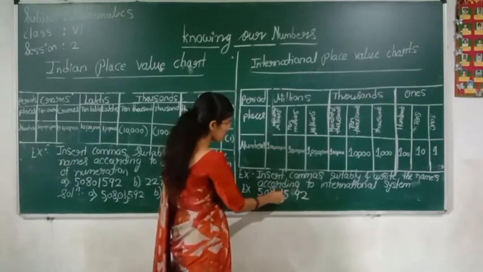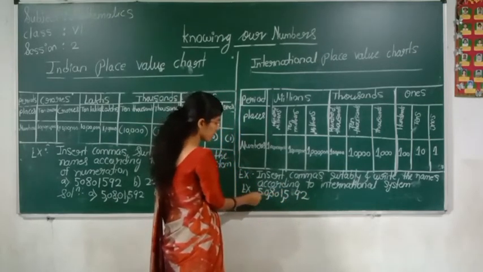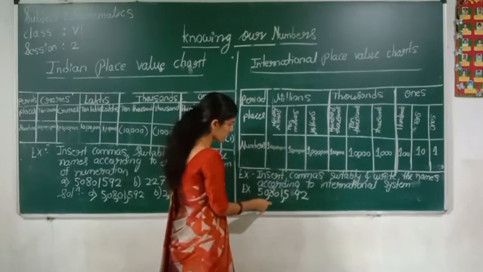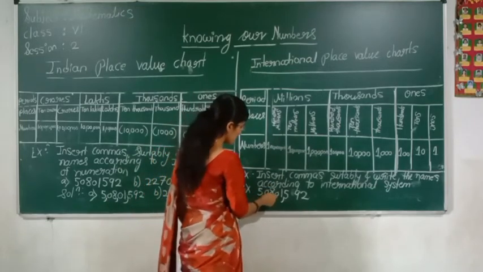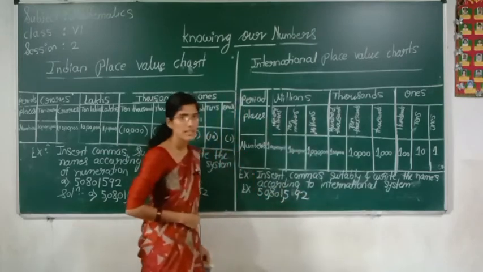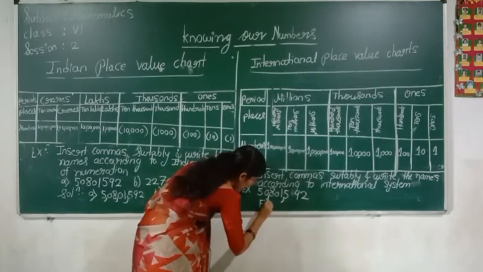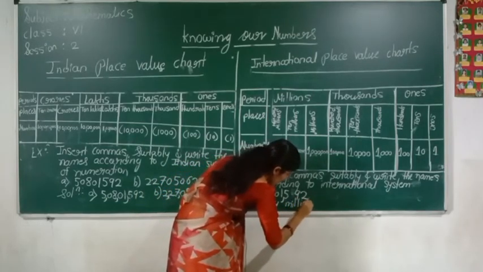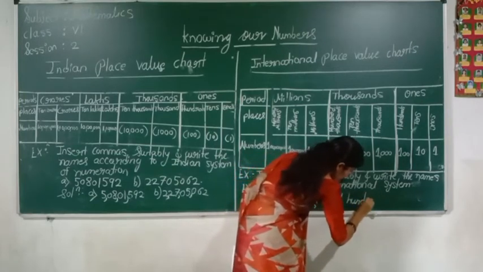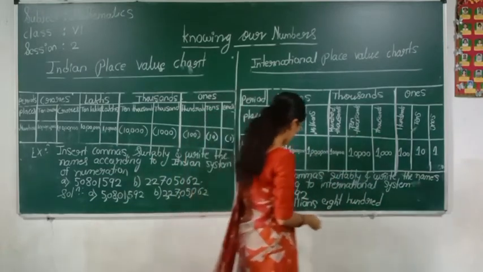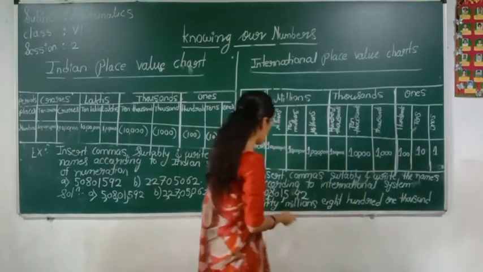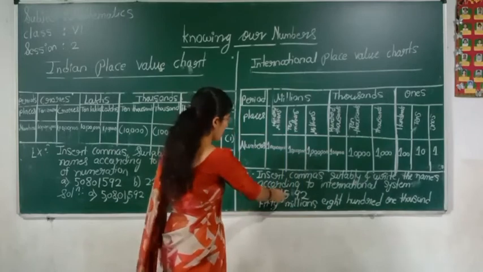See, this is ones, this is thousands, this is millions. 50 millions, 801,592.